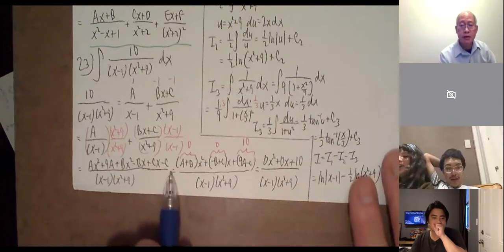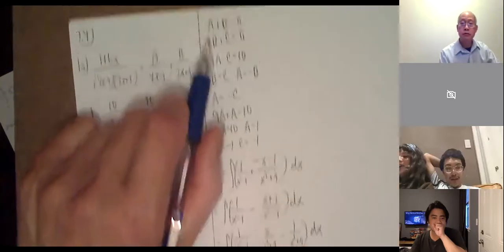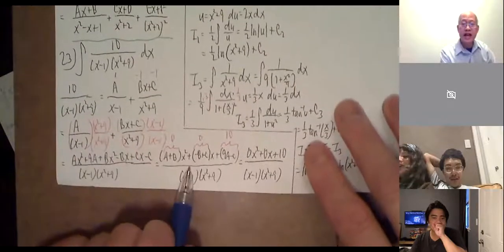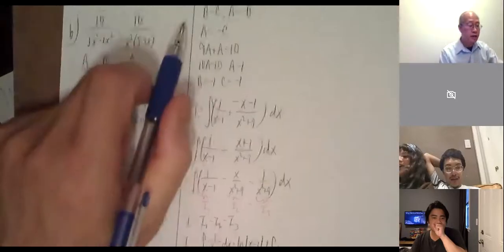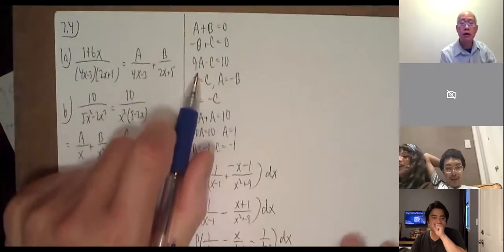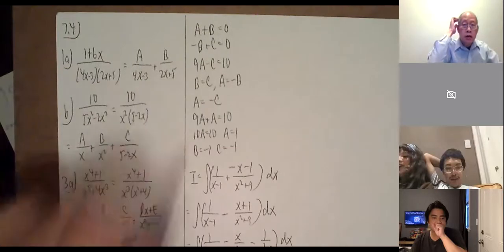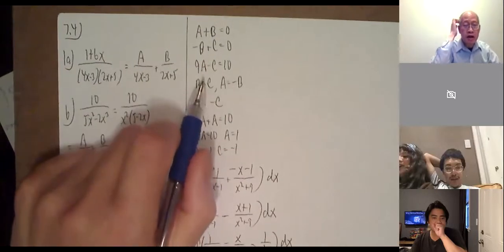Okay, so a plus b equals 0. Negative b plus c equals 0. And finally, 9a minus c is equal to 10. You can solve that in a variety of ways.